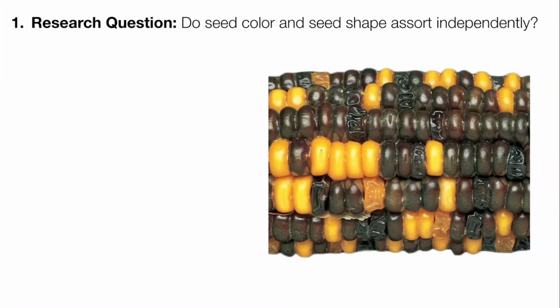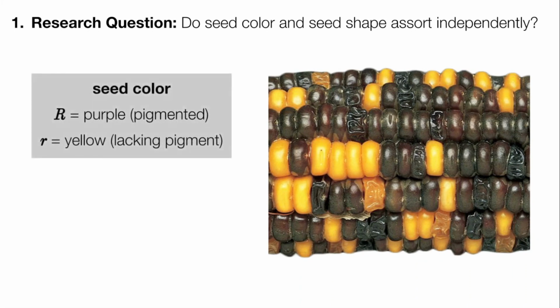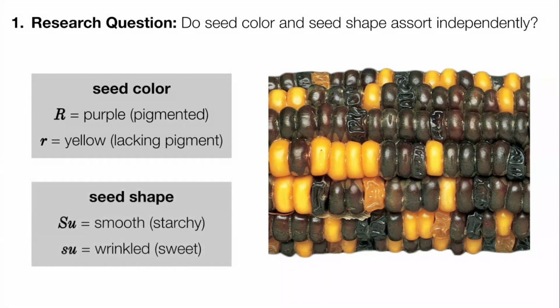So we have to use certain letters to represent certain alleles for the seed color gene, and another set of letters to represent the seed shape gene. And so we've chosen the letter capital R to represent the purple seed color and lowercase r to represent the yellow seed color. Whereas we've chosen the symbol capital Su to represent the smooth seed shape and lowercase su to represent wrinkled seed shape.